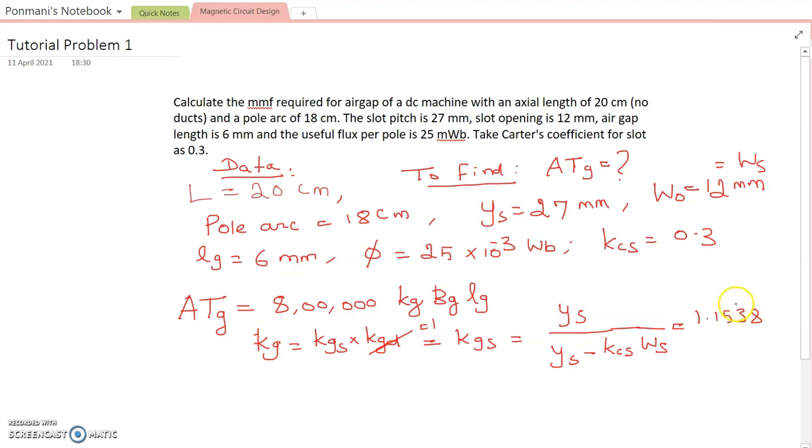It is a factor, there is no unit at all. Ys is 27 into 10 to the power minus 3, Kcs is 0.3 and W0 is 12 mm. Both Ys and W0 are in mm, so no need to convert the unit. You can simply substitute: 27 divided by 27 minus 12 into 0.3. So you will get this particular value.